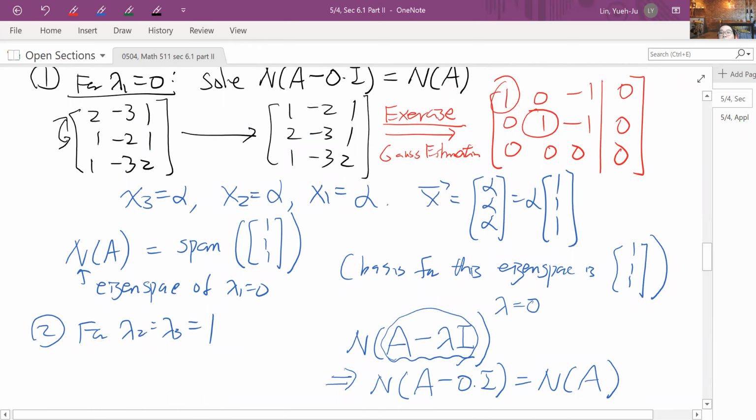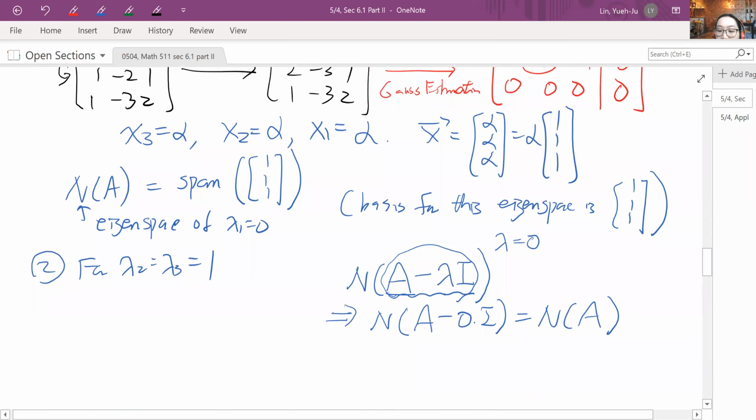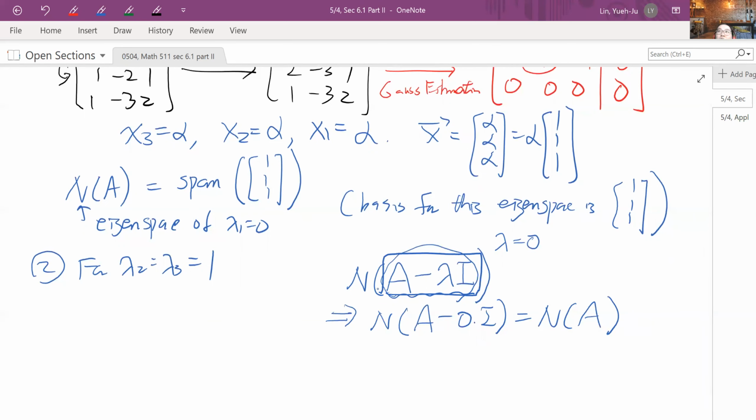Oh, okay. I thought that solving the null space was just its own thing. That's a good question. In general, you should solve the null space of A minus lambda I, and what the matrix looks like really depends on what lambda is. In this particular case, because one eigenvalue happens to be 0, it reduced to the null space of A, but it's not always the case.